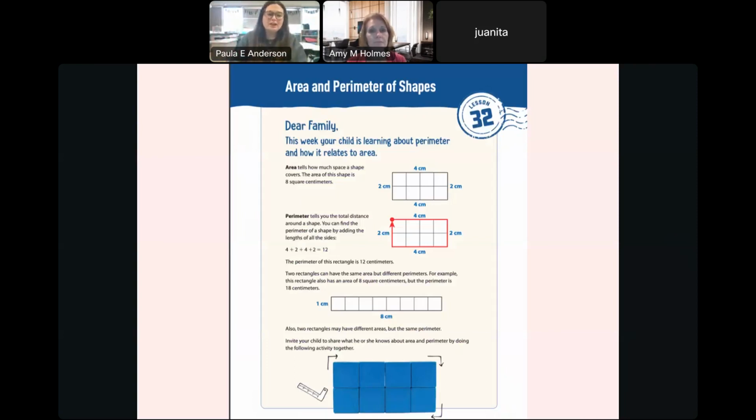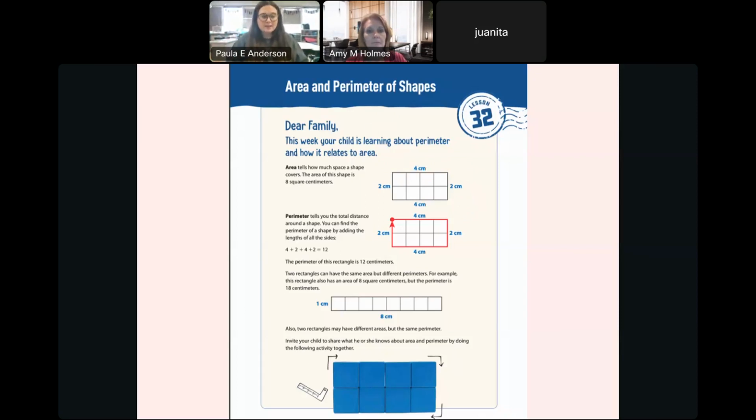This is third grade, and they're starting area and perimeter of shapes. Area tells us how much space a shape covers. The area of this shape is 8 square centimeters, and when we find area, we multiply the length times the width. So that would give us 4 times 2, which would give us 8. We measure area in square units, so we have those square centimeters.